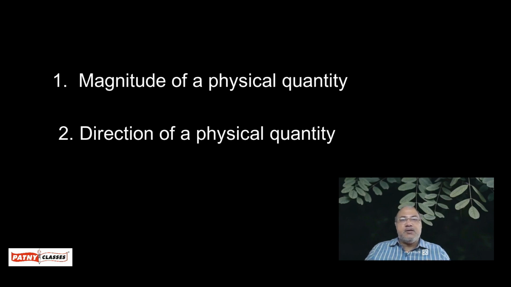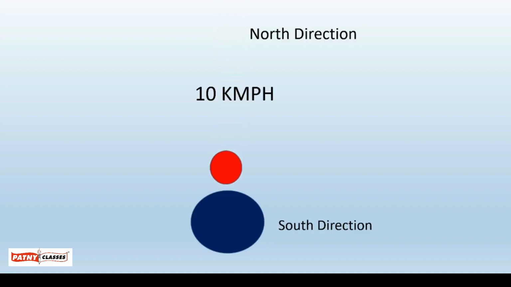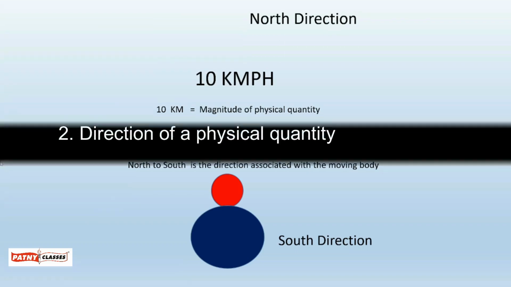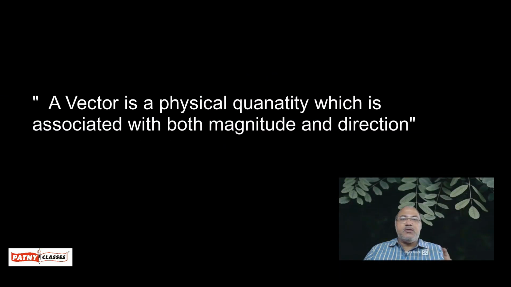Magnitude is the value associated with the physical quantity. For example, 10 kilometers per hour from north to south. This 10 kilometers per hour is called magnitude. The body moving from north to south is the direction. So a vector quantity is associated with magnitude as well as direction.